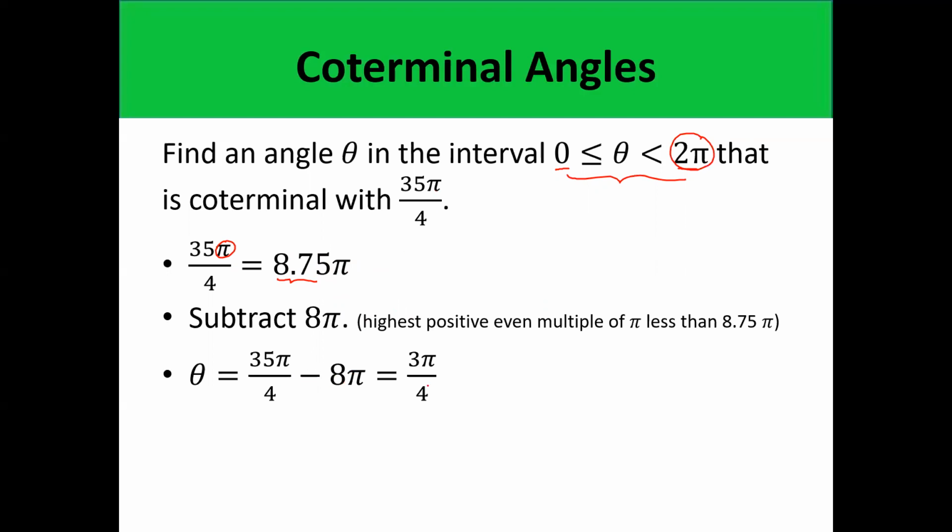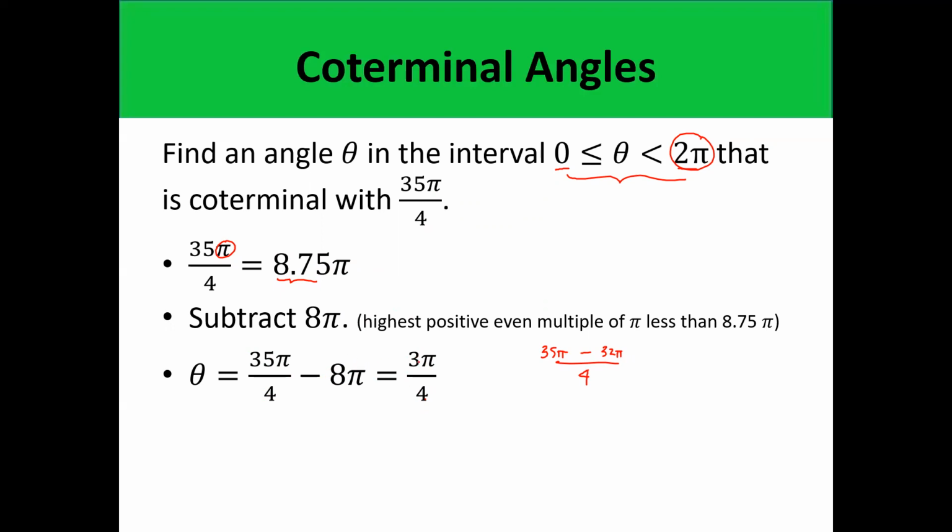Combining these two, the LCD will be 4. And then 4 over 4 is 1 multiplied to 35 pi, so that's 35 pi, and then minus 4 multiplied to 8 pi is 32 pi, and then the LCD is over 4. So 35 pi minus 32 pi is 3 pi over 4.